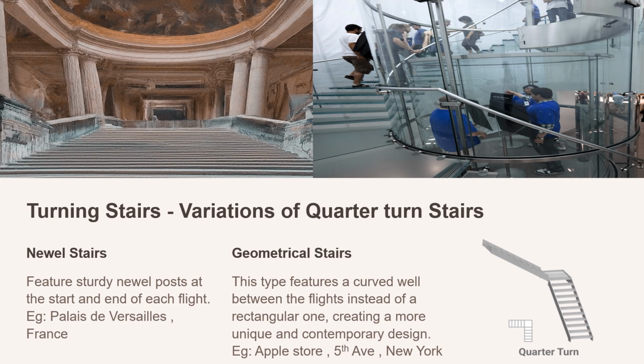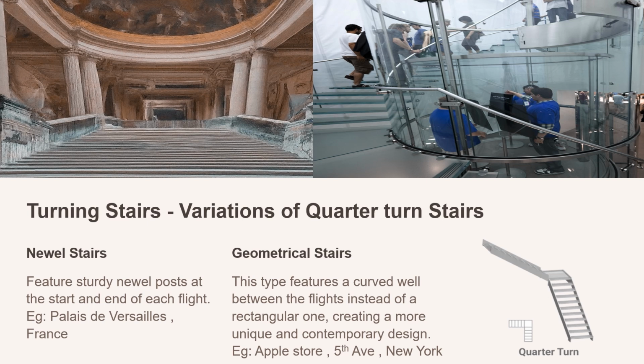Next, geometrical quarter turn stairs. These stairs look really sleek because mostly they don't use newel posts at the turns. Instead, the handrails and the sides of the stairs are one continuous piece. You might see these in modern buildings where they want a clean and minimalistic look.